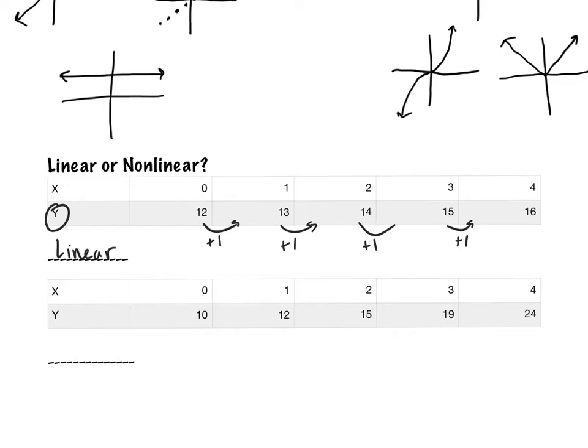All right, let's do a quick review. How could I write that equation? So I know I have y equals, what's my slope? 1, that was my change. I have that 1x. Does anyone remember how I could figure out what I need to add or subtract here?